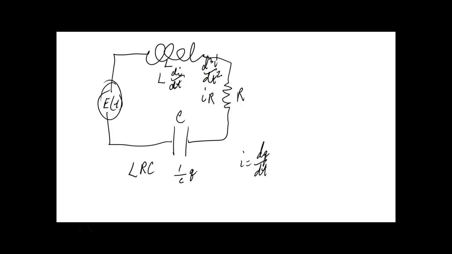So guess what you have now? Your Kirchhoff's law around here, you would have E, that's how much your voltage goes up, minus L d2q dt squared, that's your change in current, minus R times dQ dt, that's your current, minus Q over C. That's your drop because of your capacitance.